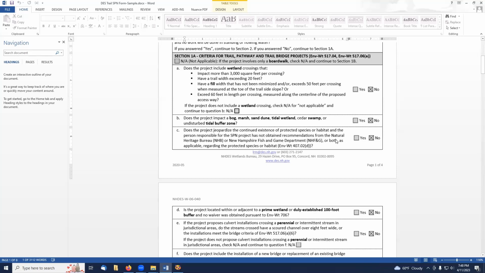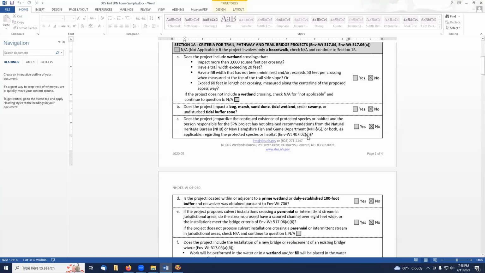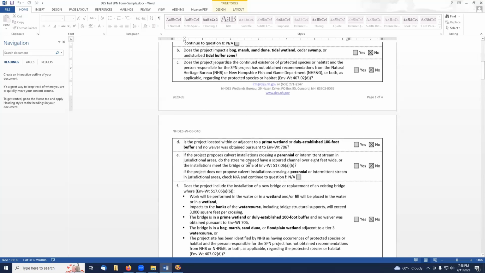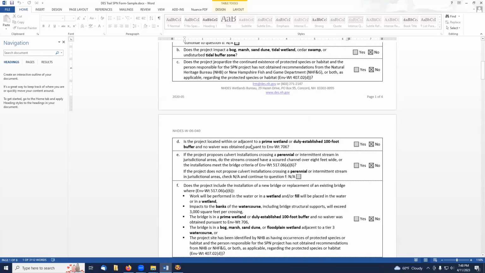They ask it in reverse. In this case, no, it is not jeopardizing it. And we did obtain an NHB report. So again, it's tricky, but you know, you can see what they're getting at.